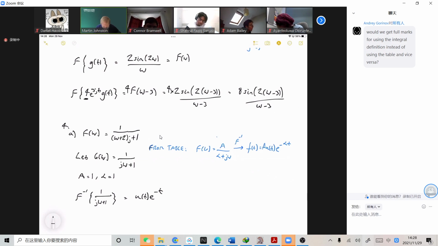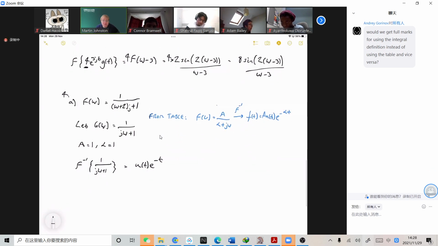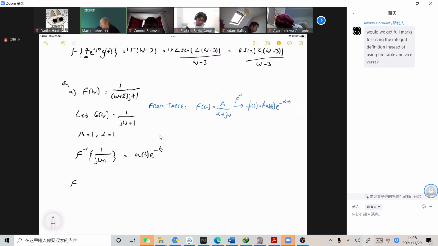Okay, so using the first shift theorem, you can see this omega is now replaced with omega plus 2.